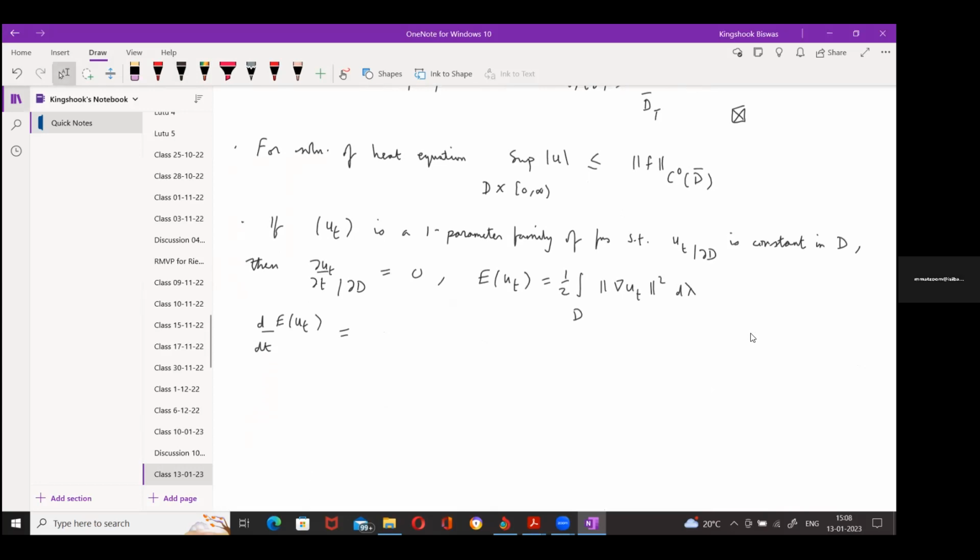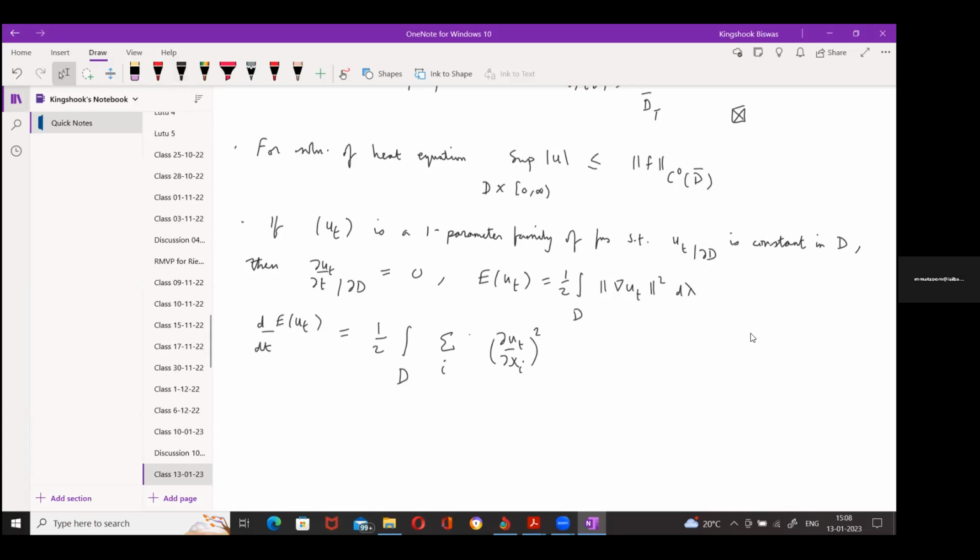If I differentiate this, I get half the integral over D of the sum of (del u_t del x_i) whole squared.